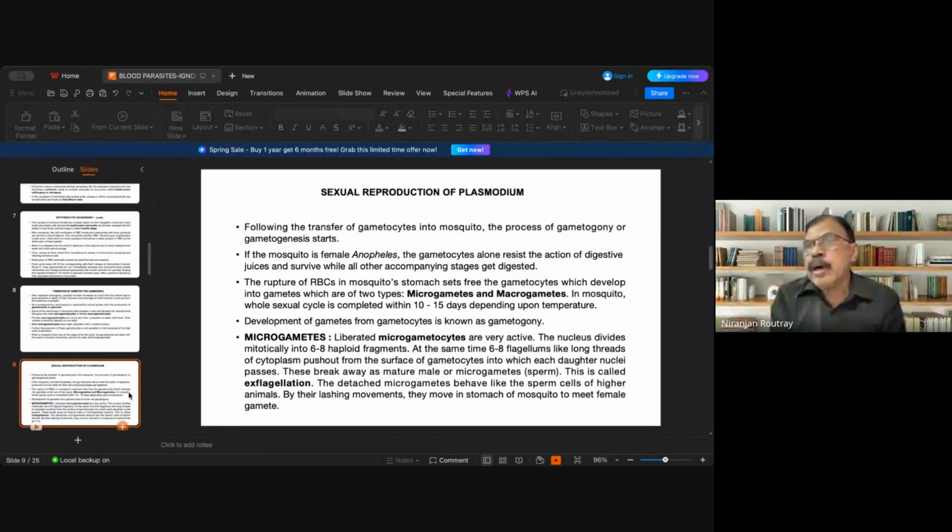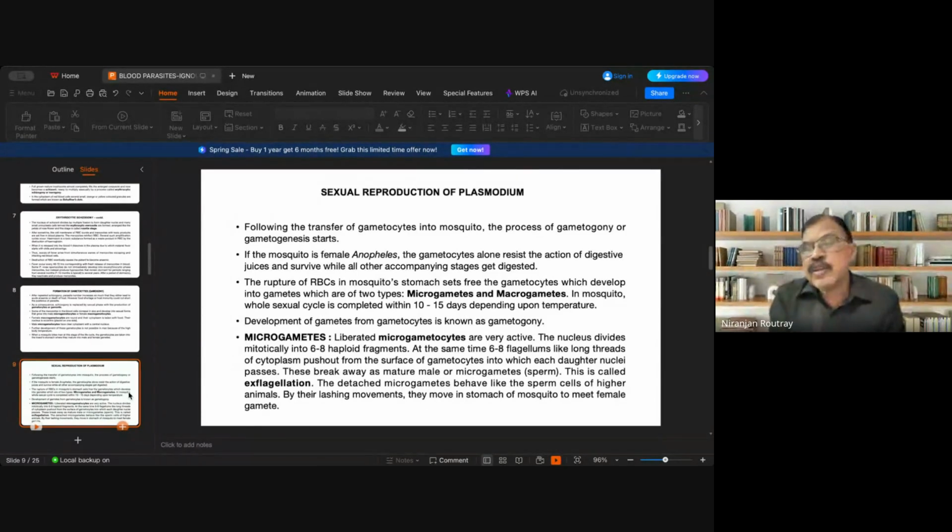Nothing happens to these gametocytes inside the mosquito stomach. The gametocytes present in the human RBC are set free when the RBC ruptures.